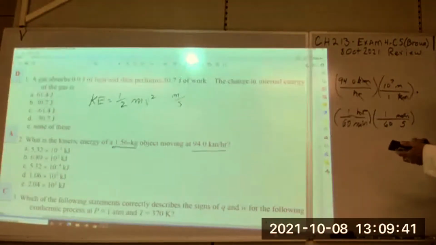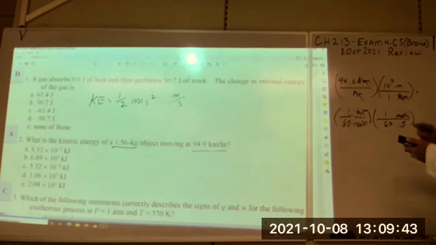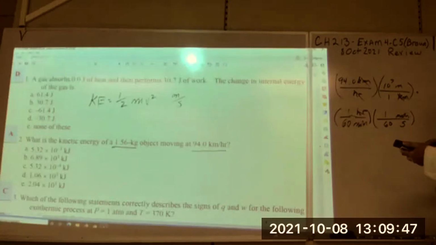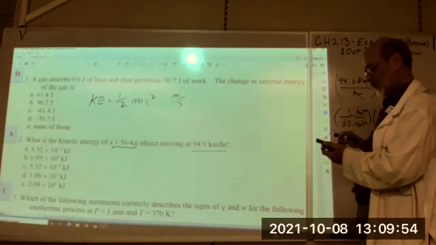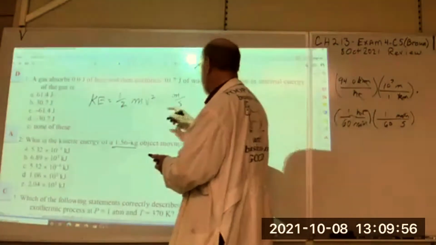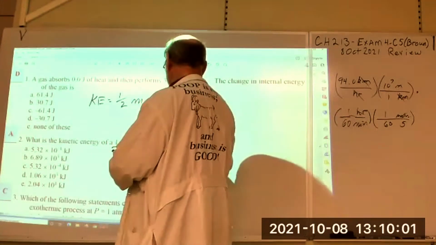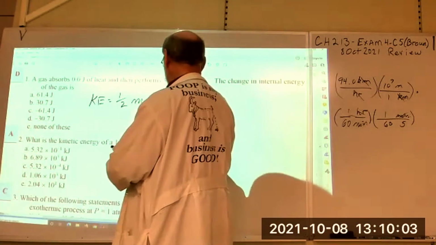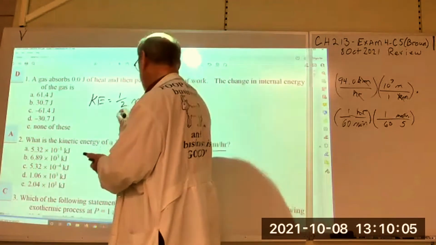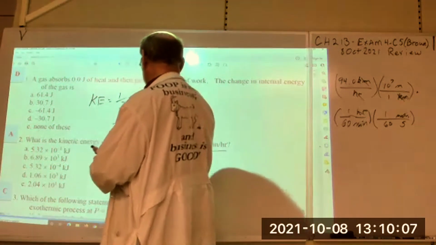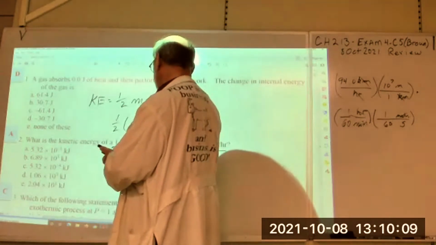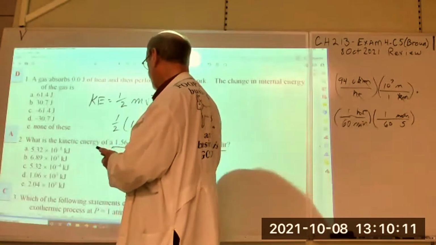We're going to take 94 and 1,000 and then divide by 3,600. So that's, let's see, three significant figures, 26.1. So velocity is 26.1 meters per second. That term is squared. And this term is 1.56 kilograms.